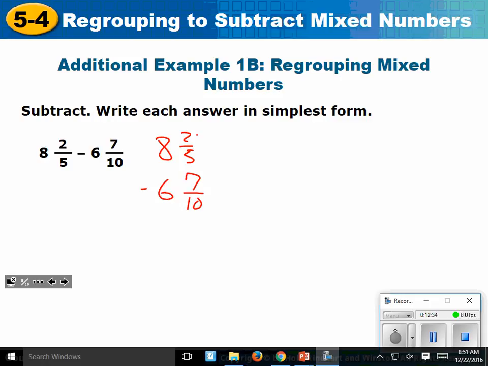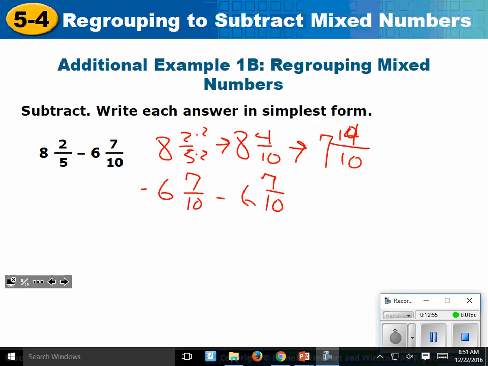So we got to multiply this times 2 here to end up with an 8 and 4/10 minus 6 and 7/10. Now we can't do the subtraction, so we got to take this 8 apart, and make it a 7 and 10/10 plus the 4/10 to make it a 7 and 14/10 minus 6 and 7/10. And we end up doing that subtraction and get 7/10 here and a 1 there. There's your answer. All right, let's try the next one.